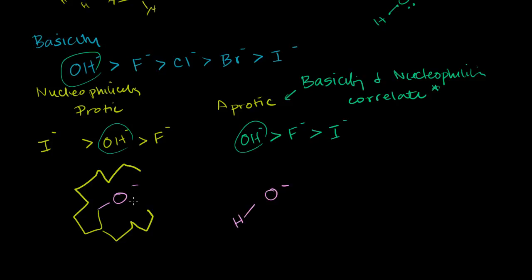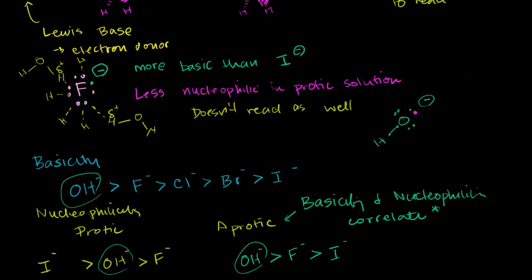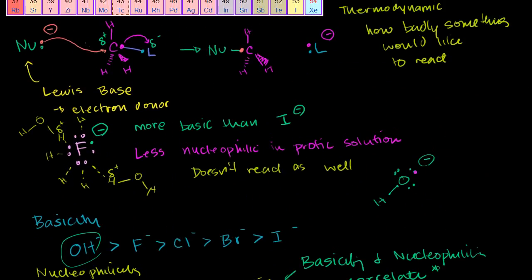Now, if you were to look at these two molecules and try to guess which one is going to be a better nucleophile, you should just remember, nucleophilicity is how good something reacts. How good is it at getting in there and making a reaction happen? This one has this big molecule all around it. It might make it very hard for it to get in there.